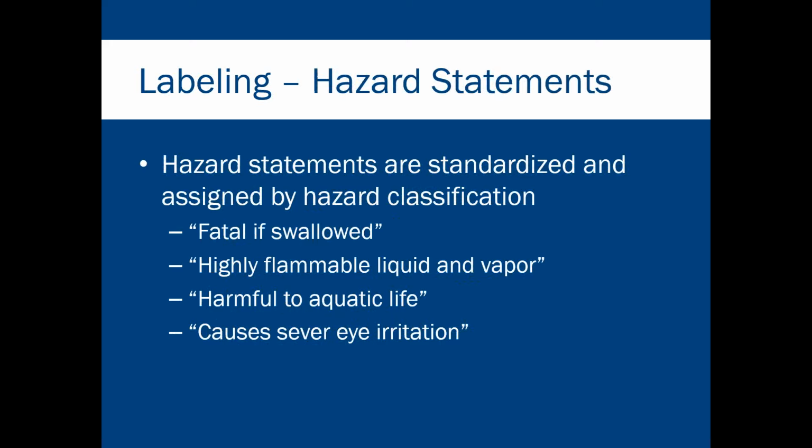The new labels will also include hazard statements, and these are standardized and assigned by the classification. So if you have a poisonous material, you're going to have the hazard statement, fatal if swallowed, on your label. If you have a solvent, you're going to have the statement, highly flammable liquid and vapor. And these are going to be the hazards you should initially concern yourself with for each chemical.